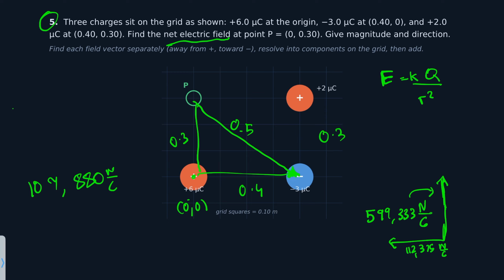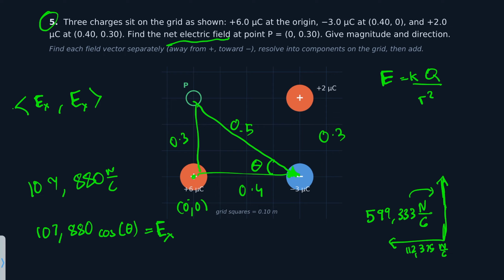Okay, but here what we're going to do is divide this into components, right? So here we have a vector like this. So this theta is going to give you the x and y components of this field. So the x component, Ex, and then comma Ey in vector format. So 107,880 times the cosine of theta is our Ex, right? That's how you divide vectors.